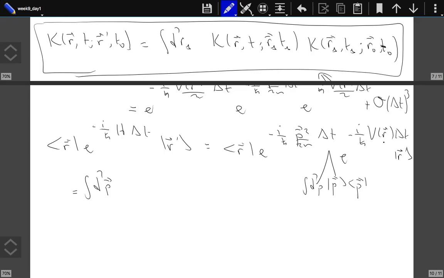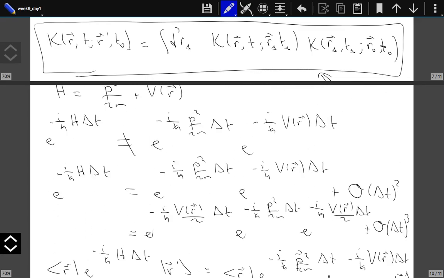Now here, this p squared and V of r are operators. But p acting on a momentum eigenket just gives me the eigenvalue. So this will be equal to e to the power minus i over h bar p squared over 2m delta t, e to the power minus i over h bar V of r, where r is again the eigenvalue, delta t, r, p.